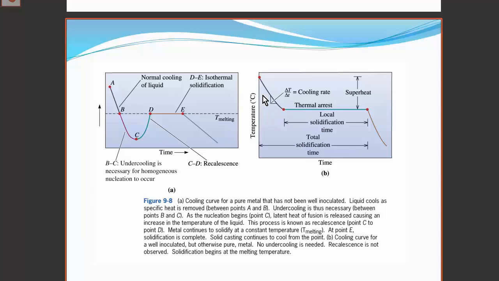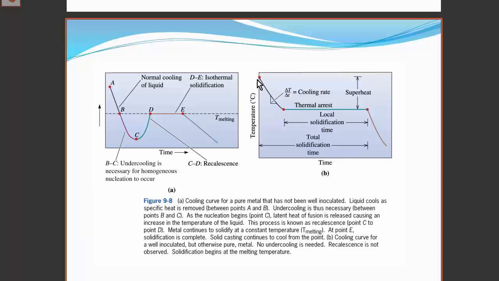On a larger scale, here in a well-inoculated melt which does not have significant undercooling, we see this graph. This graph shows us some features of interest. Number one is the superheat.